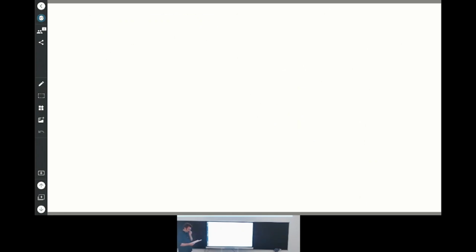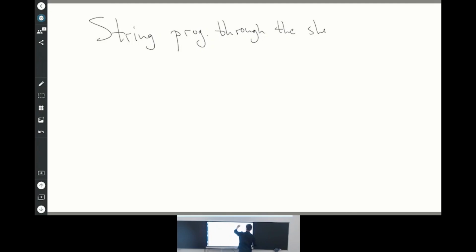Next, if you remember, our step was we had this propagation through the shock wave. So let's consider string propagation through the shock wave. It's a famous fact that if you consider this Aichelburg-Sexl background and you consider just a string on this background, it is solvable.